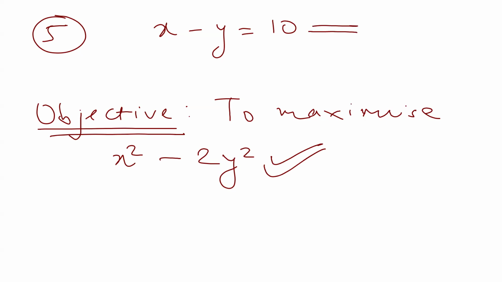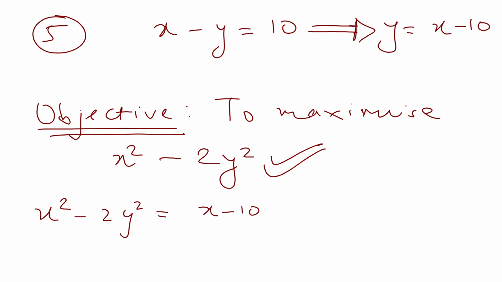So from the above equation, we can write x in terms of y or y in terms of x. Anything works. So I'll just write y in terms of x. Y is equal to x minus 10. Okay. So x square minus 2y square is equal to x square minus 2 into x minus 10 the whole square.